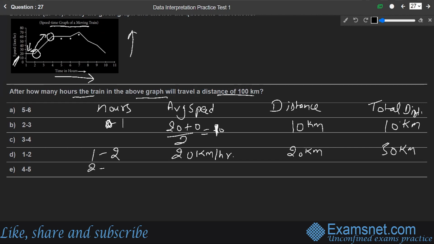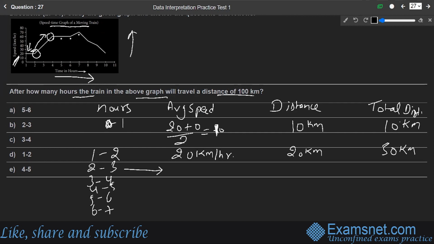Now we can have the same data for 2 to 3, 3 to 4, 4 to 5, 5 to 6, and then we can continue this, 6 to 7 and so on. So for 2 to 3, let us find out. In the graph, at the 2nd hour the value is 20, and at the 3rd hour the value is 40.